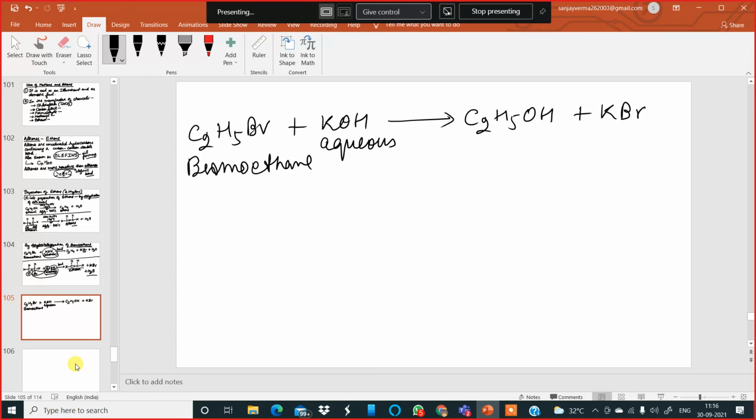An alcohol, ethanol, is formed. This reaction is not called dehydrohalogenation. This reaction is called hydrolysis.